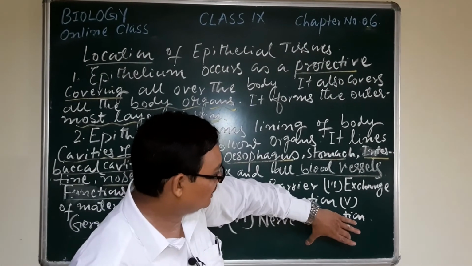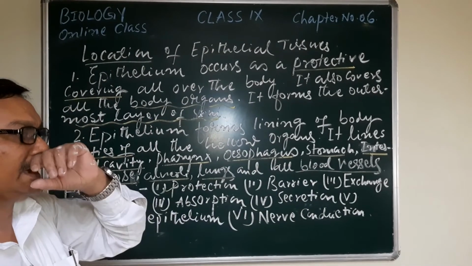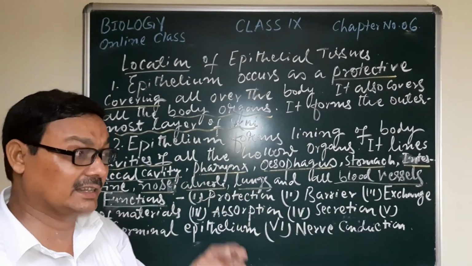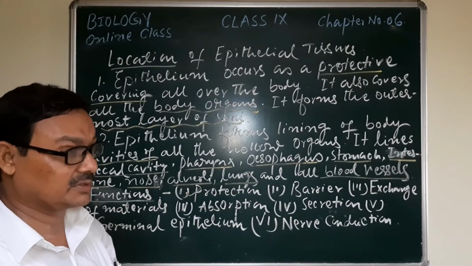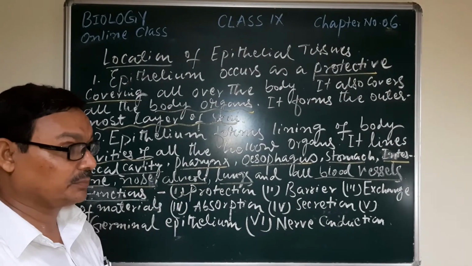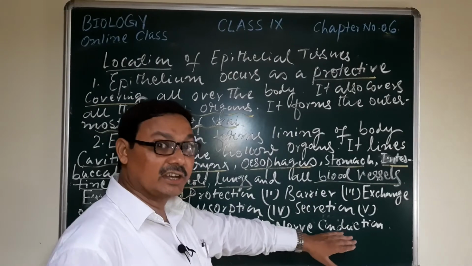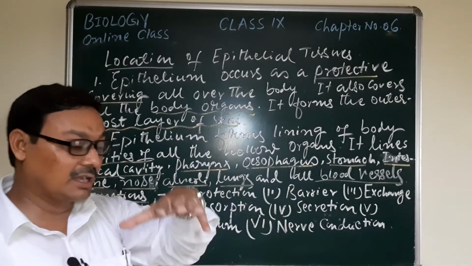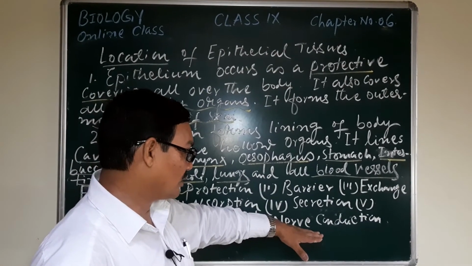Nerve conduction: it will also detect when it is present within the nose and within the tongue, like a gustatoreceptor. You will know that the tongue is known as the gustatoreceptor, the nose is known as the olfactoreceptor, and similarly, within the ear, the epithelial tissue, which is the sense part of the ear, is known as the phonoreceptor.